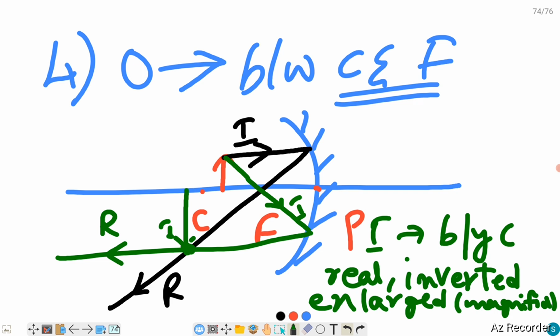For small we learned diminished, for bigger, enlarged or magnified. This term you have to use. This is an important case where we have a real inverted image that is bigger than the object, that means enlarged.